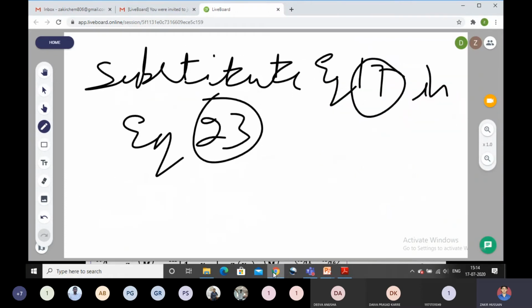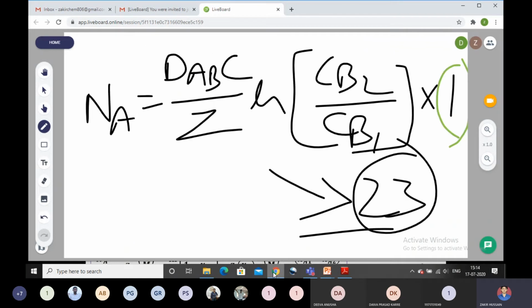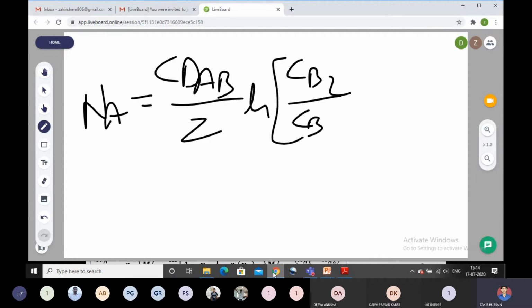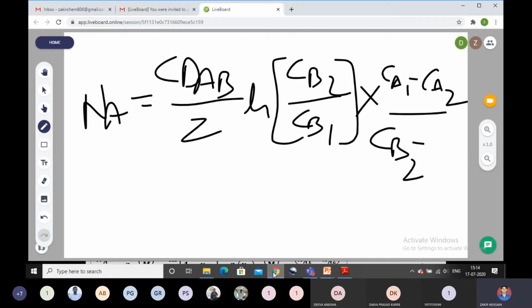So this is equation 23. C DAB by Z, NA is equal to C DAB by Z ln of CB2 by CB1, which we already have. In place of 1 we will multiply it with CA1 minus CA2 divided by CB2 minus CB1, which is from equation 17.